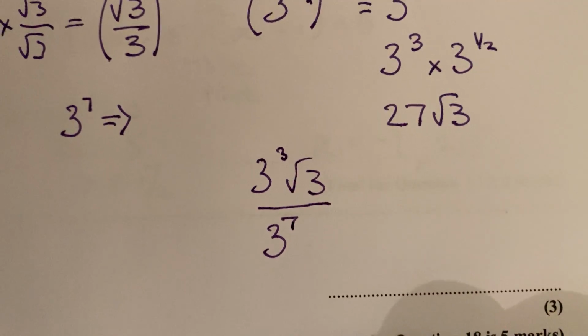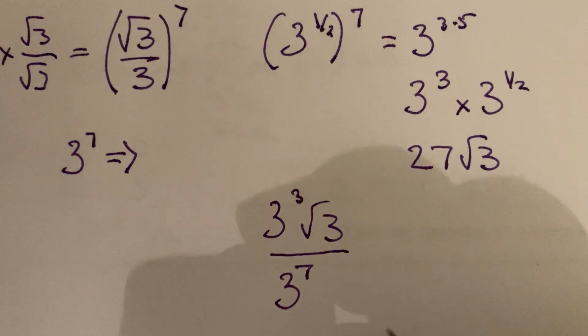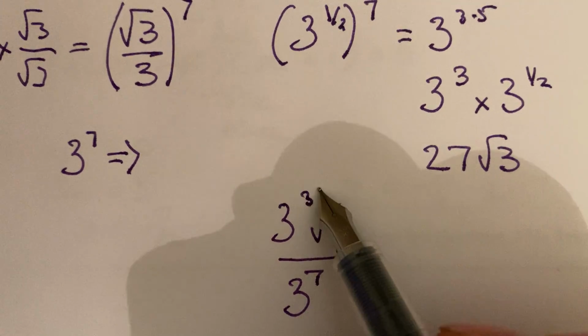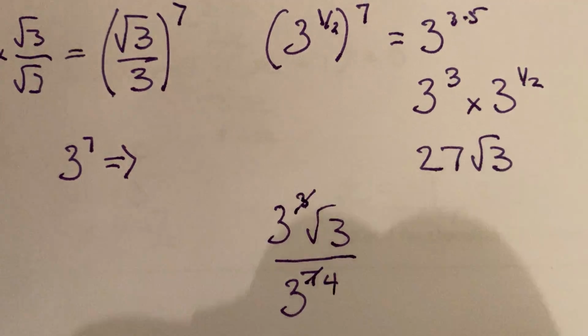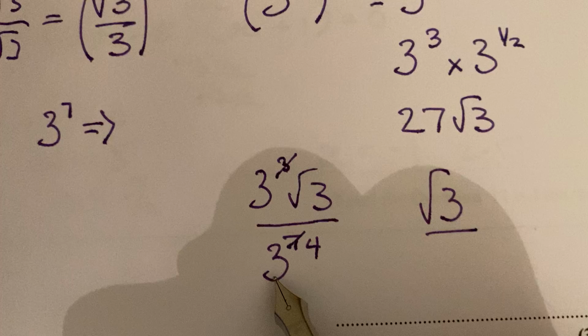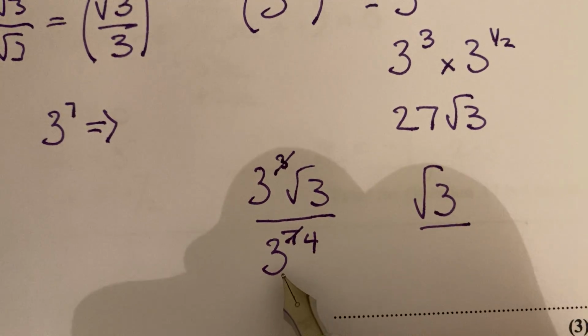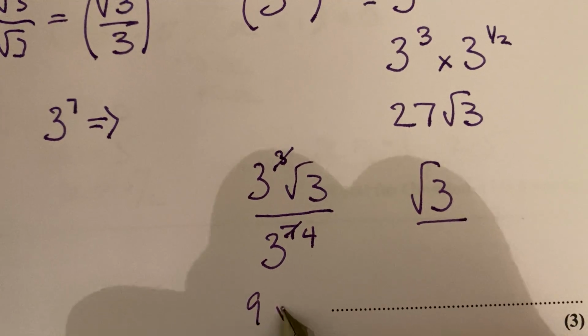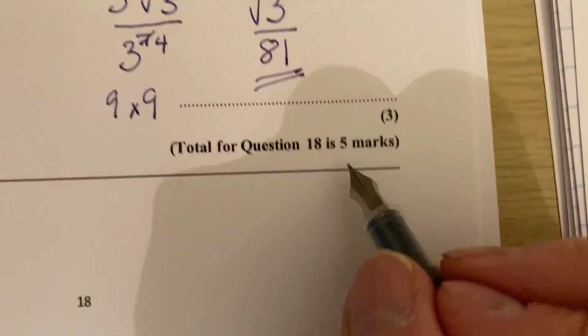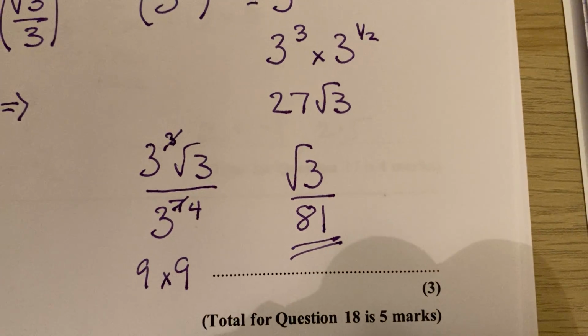Why not do clever, hey? Watch. That 3 and that 7, that cancels out. There's 3 in there, so that goes down to 4. So I've got root 3, and now I can do this. 3 to the power of 4 is 3 times 3, which is 9, times 3 times 3, which is 9. So that's 81. Oh my word, we did it. Excellent.